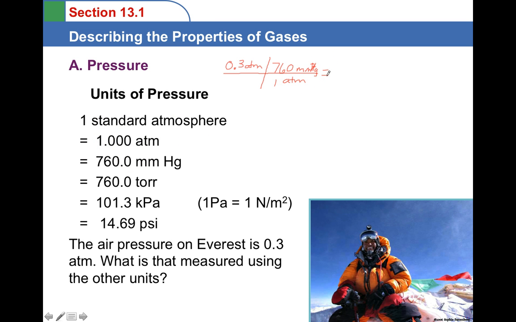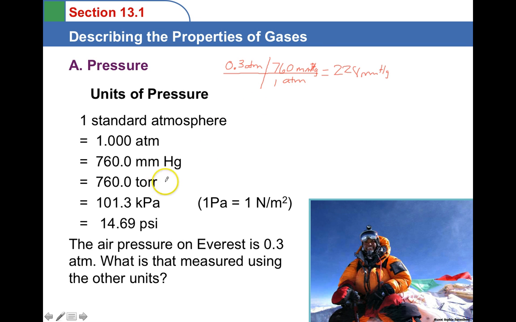When we multiply that together, you come out with 228 millimeters of mercury. Whether you do this in your head or write it out on paper like I just did is totally up to you.